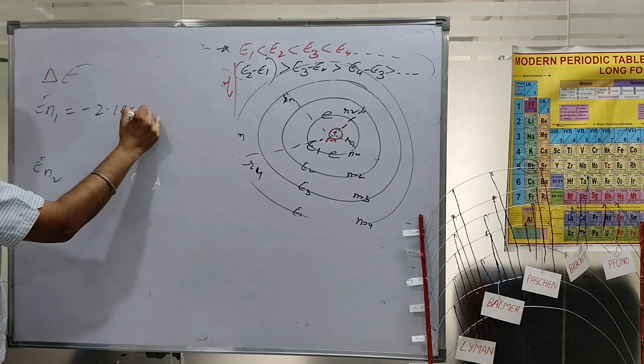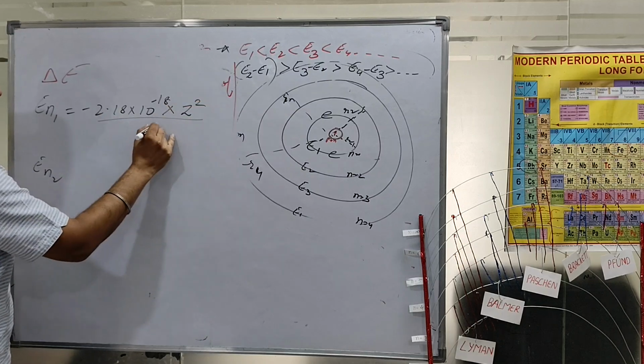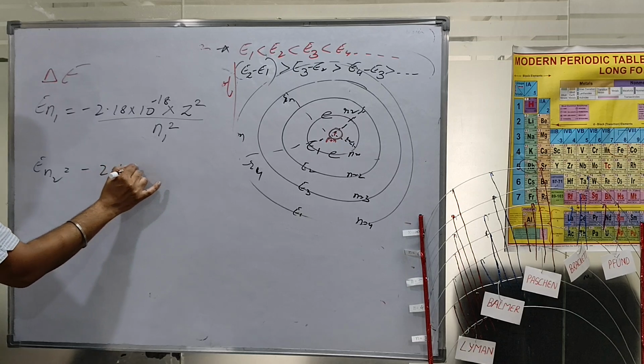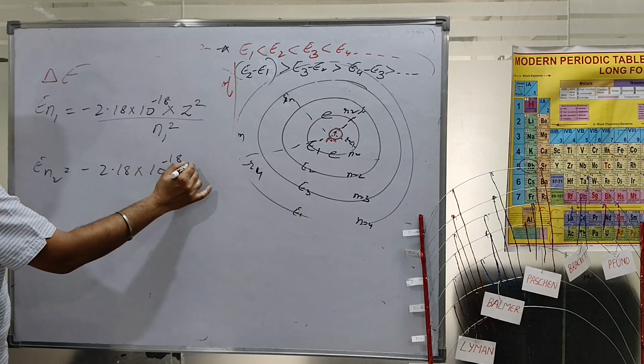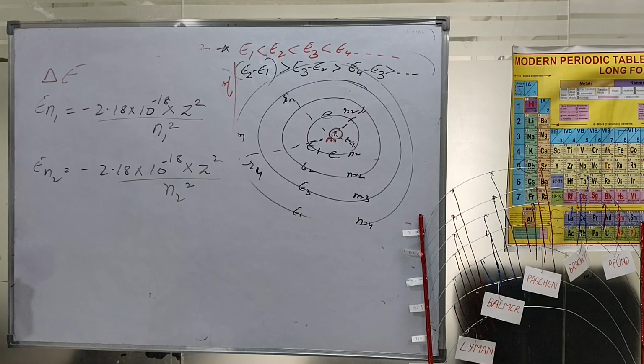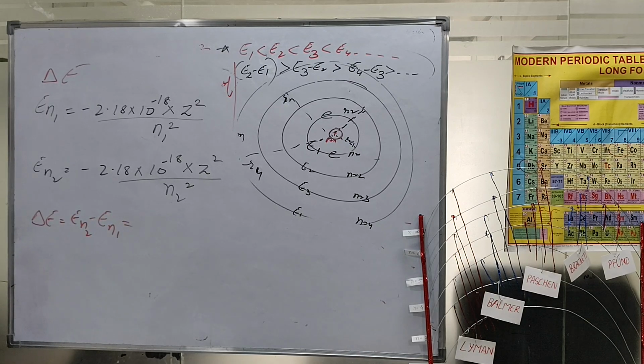En1 means when the electron is at the lower level, n1, and En2 is when the electron is at the higher level, and delta E is equal to En2 minus En1.